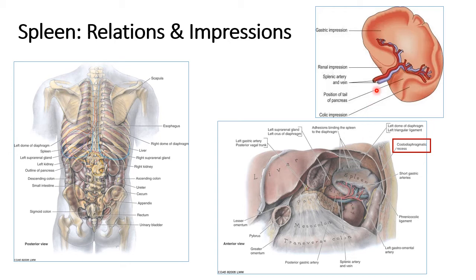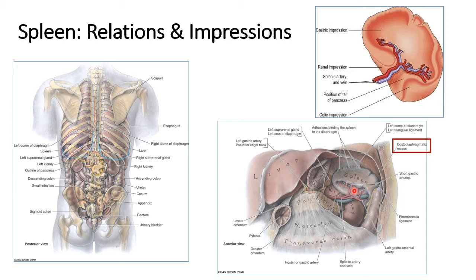This is the visceral surface, and the four important structures related to it are the stomach, which in this image is cut, so it's related to this part; at the back, the left kidney; the left colic flexure; and towards the hilum of the spleen, the tail of the pancreas.